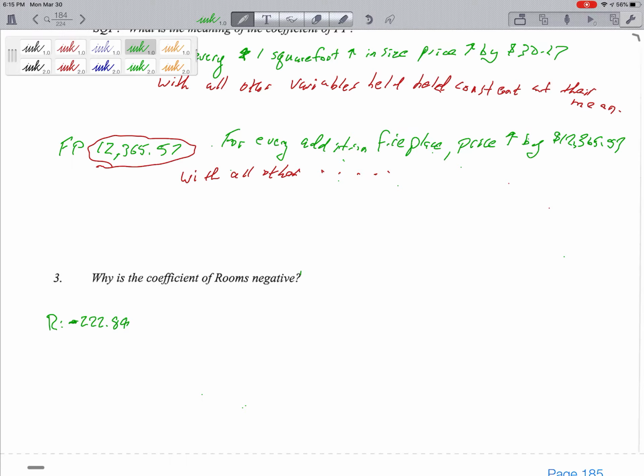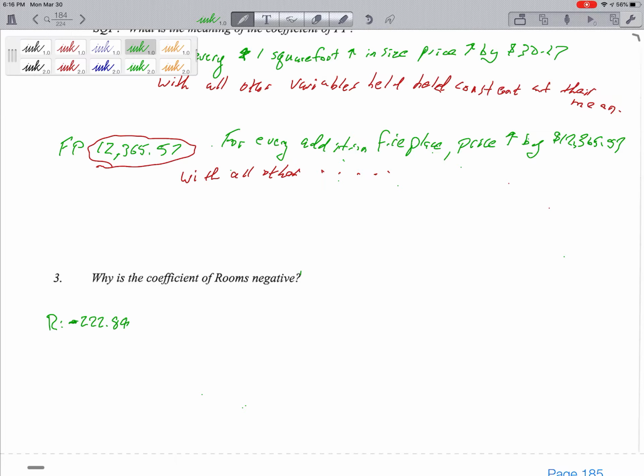And the answer is, yeah, but that's because the more rooms that you have typically means a bigger sized house. But this whole thing about holding variables constant at their means means that when we have measured the size of the house and it's in the regression model, then we hold it constant at its mean, which is an average house size of 1,806 square feet. That was the mean for that variable.